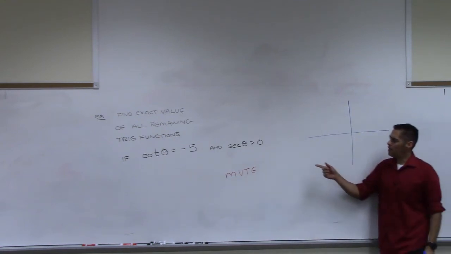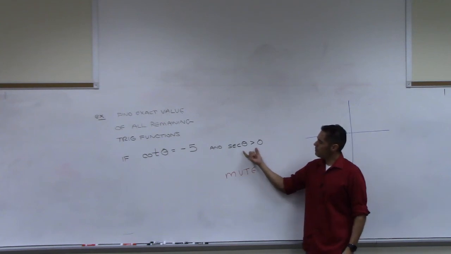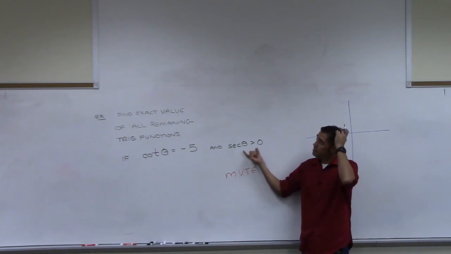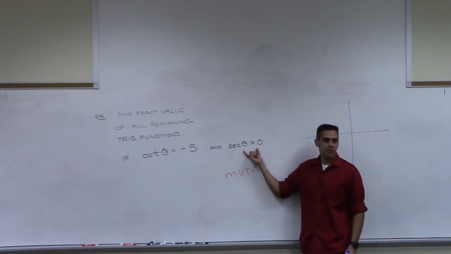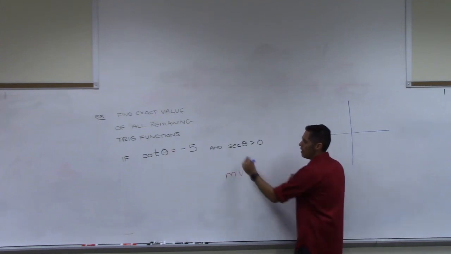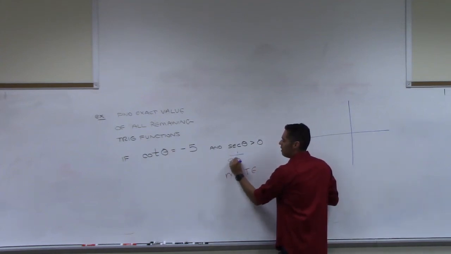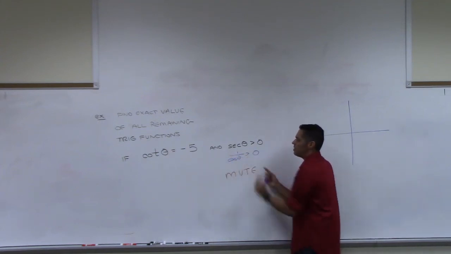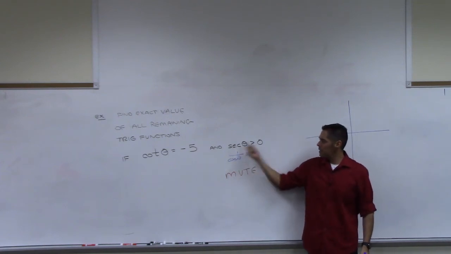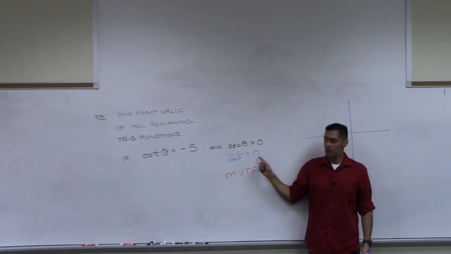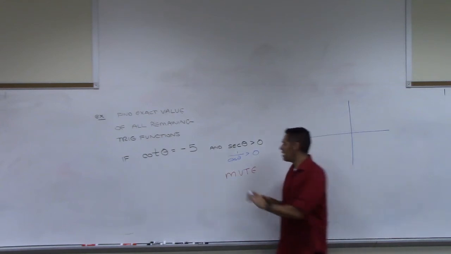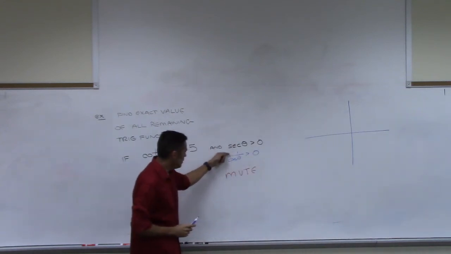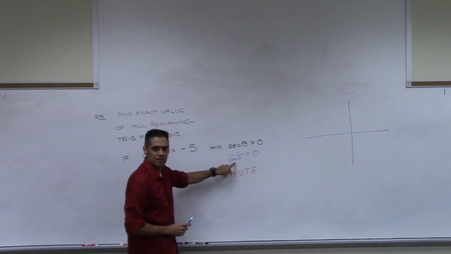Because secant is positive? If secant's positive, that means I can be in one of two places. So here's one way to look at it. Secant is 1 over cosine, right? Secant being positive is the same as saying 1 over cosine is positive, right? Now the only way that this fraction can be positive is if cosine is positive, right? 1 is already positive.